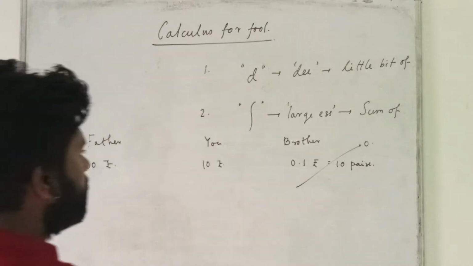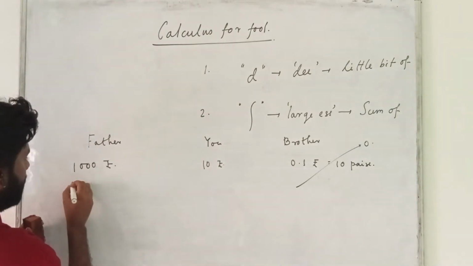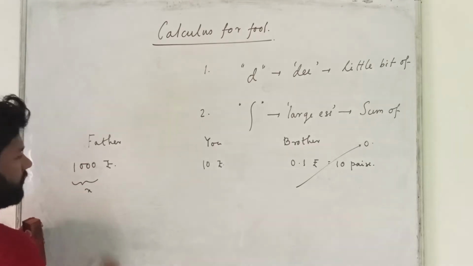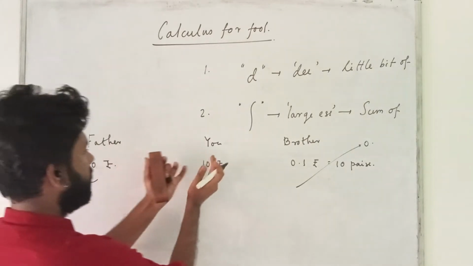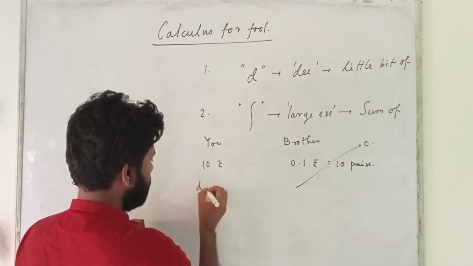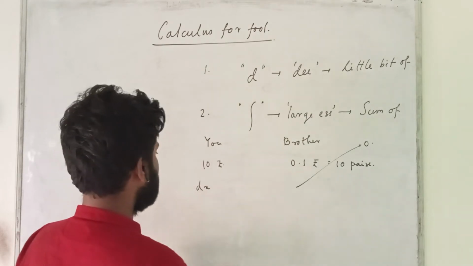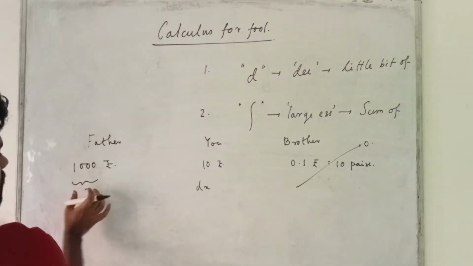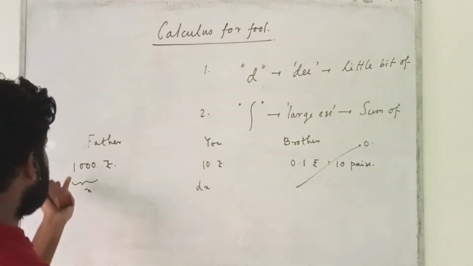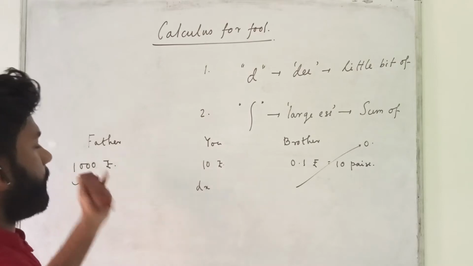Okay. So if it is x, what is the small fraction of this thing? You can write it dx, right? Because dx is a little bit of x, and a little bit of that money.